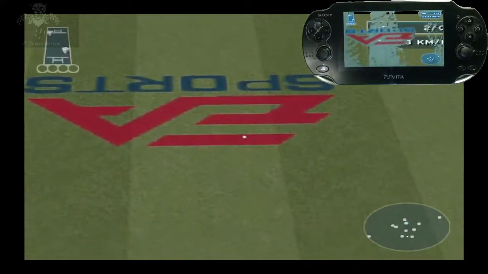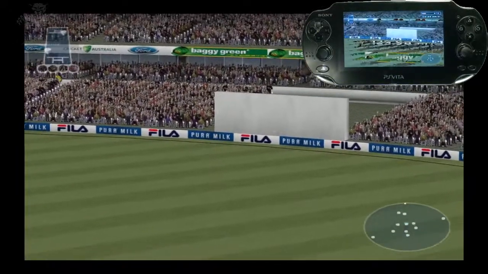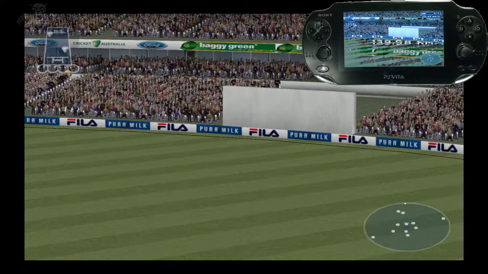Played into the gap. Oh, that is an excellent shot by Tendulkar. He timed that on drive to perfection. Yes, that was a lovely shot.